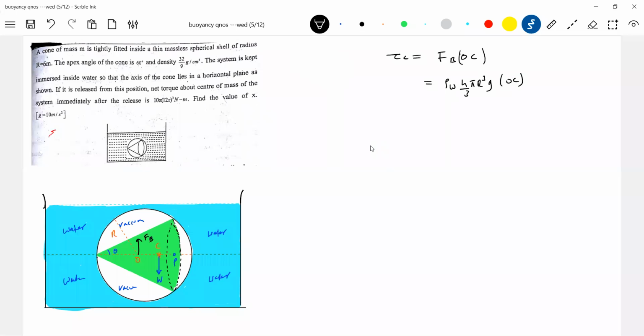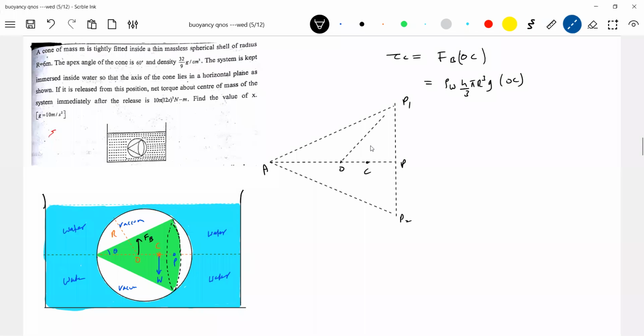PC is equal to, I'll draw the diagram once again. Okay, now this is O, this is A, this is P1, this is P, P2, and this is the center C. I think we have done like this.